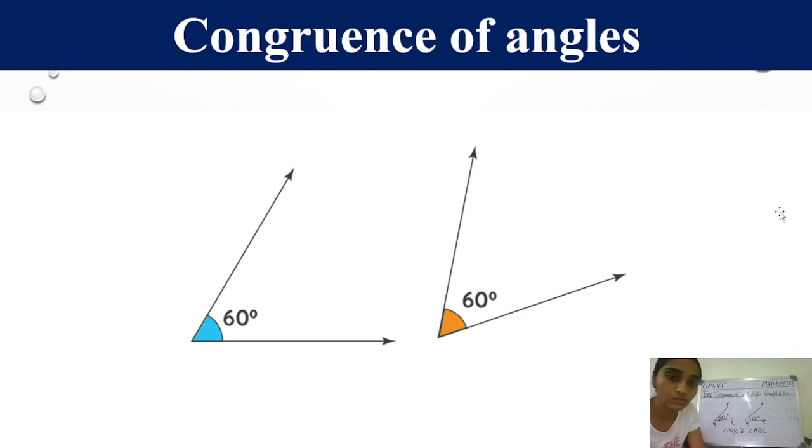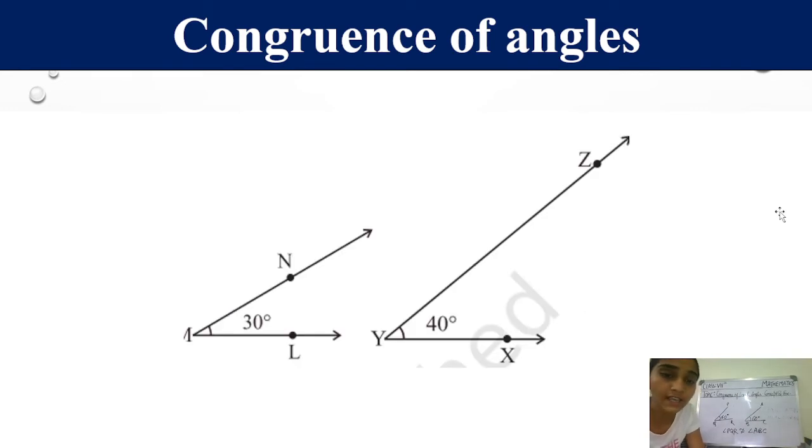Now students, what about the congruence of these angles? What will you say? Yes. So we will say that one angle is 30 degrees, one angle is 40 degrees. If you superimpose these two angles, what do you think? Are they going to hide beside one another?